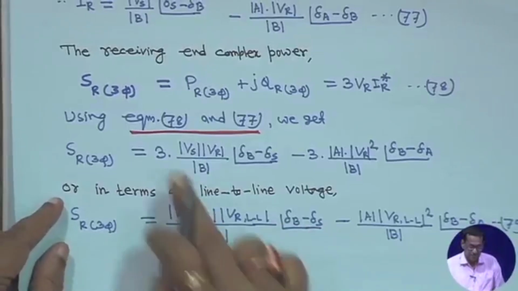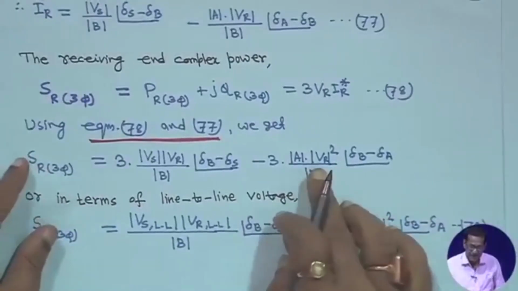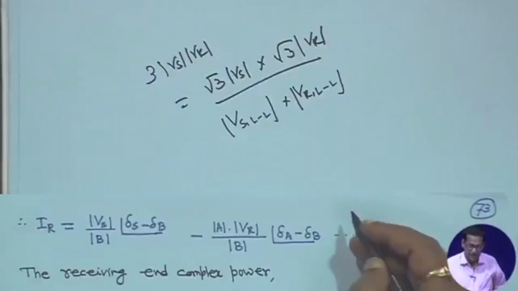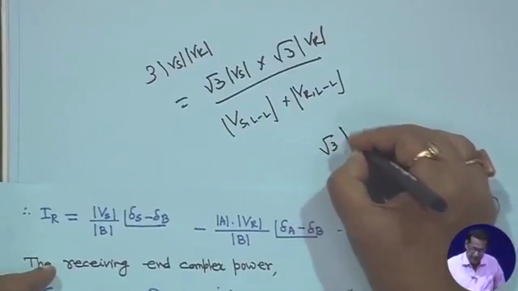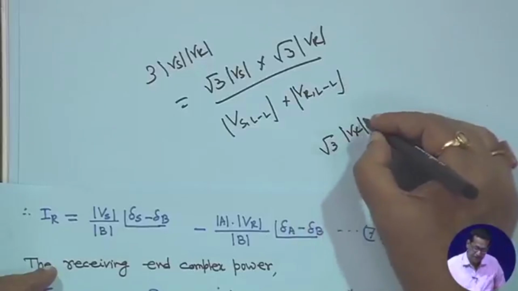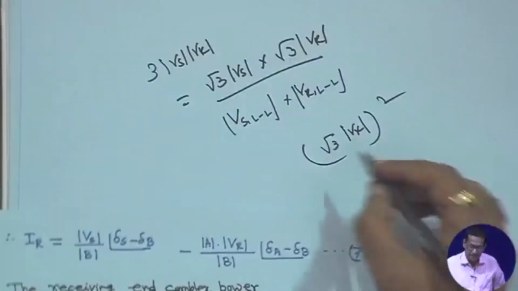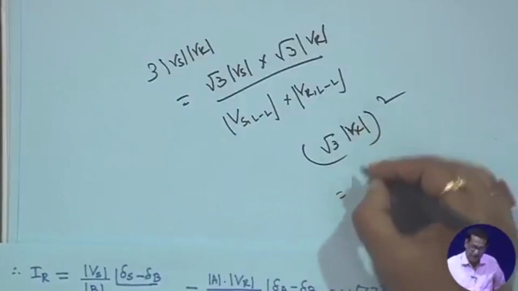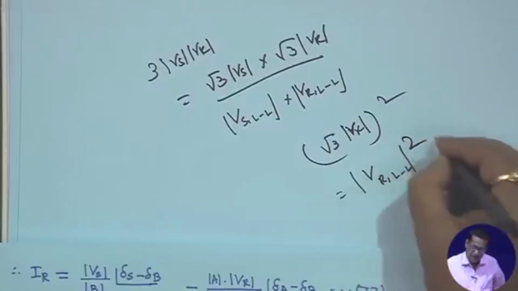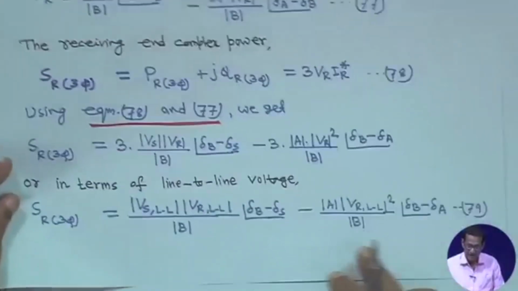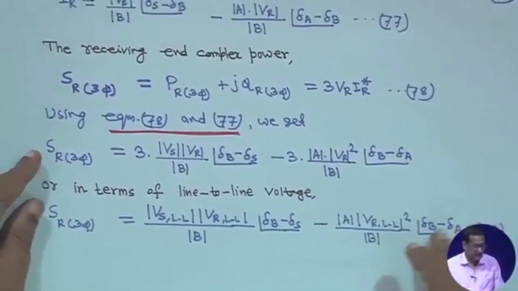Similarly for A V r square, the 3 can be taken inside the bracket, so root 3 V r square, which can be written as V r line to line square upon mod B angle delta B minus delta A.